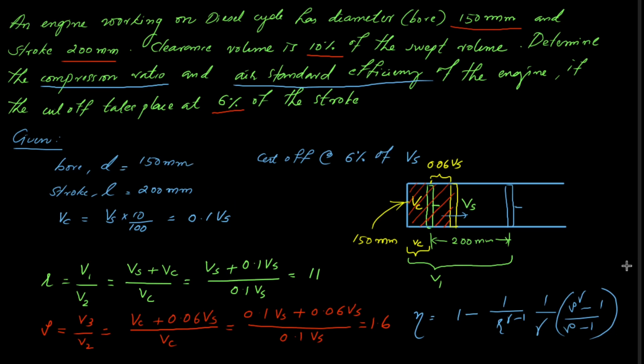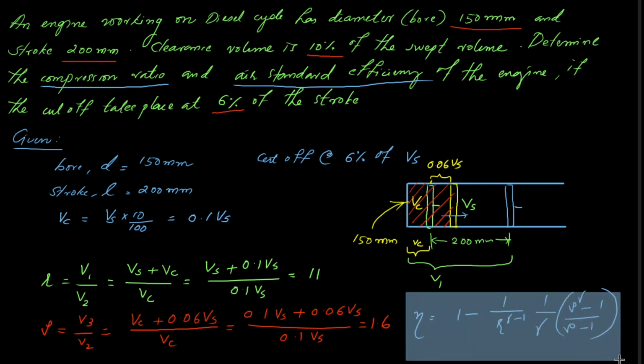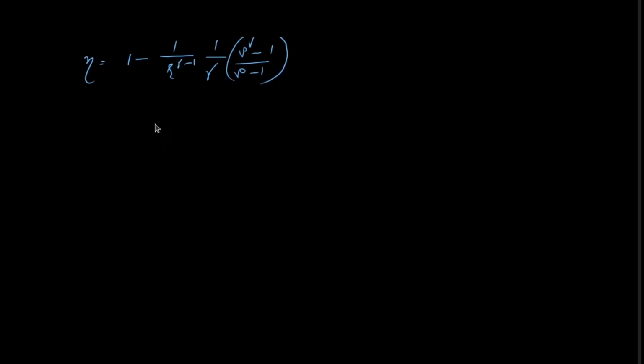So our expression for the efficiency eta is equal to 1 minus, so I'll take this. Here we have R equal to 11, rho equal to 1.6 and gamma equal to 1.4.